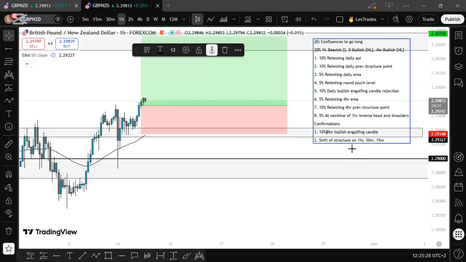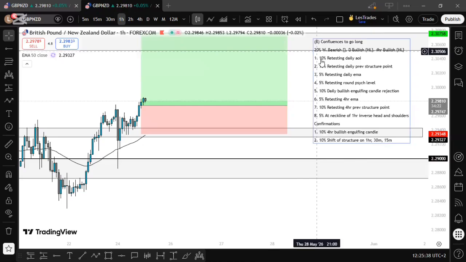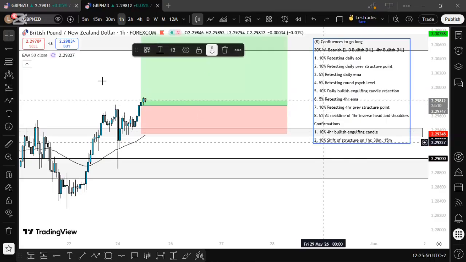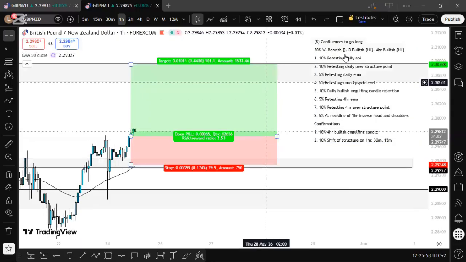So now let's go add all these confluences up and see where we at, right? So we have 20% for the market structure, 30%, 40, 50, 60, 65, 75, 80, 90, 100. This is 100, bro. Like, that doesn't mean that it's 100%. You understand me? This is just the confluences that are added up.